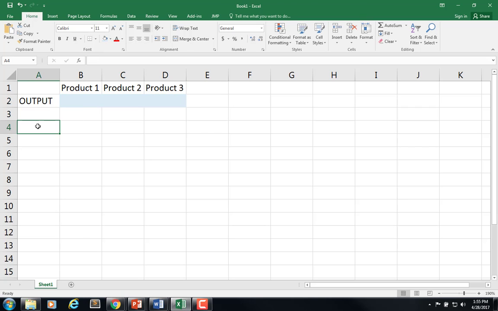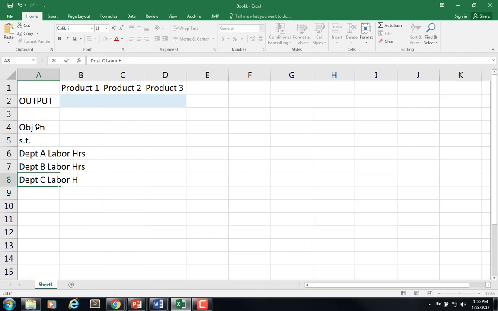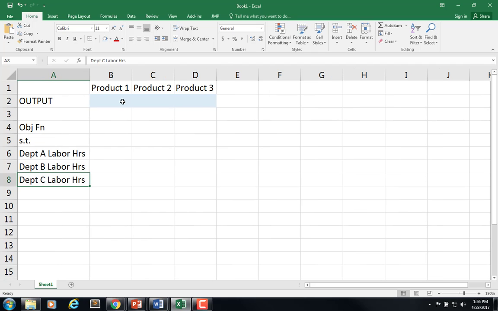Then we're going to have our objective function subject to constraints. We had department A labor hours, department B labor hours, department C labor hours. Those were the first 3 constraints that we could come up with.